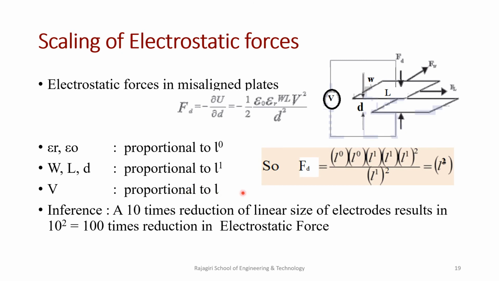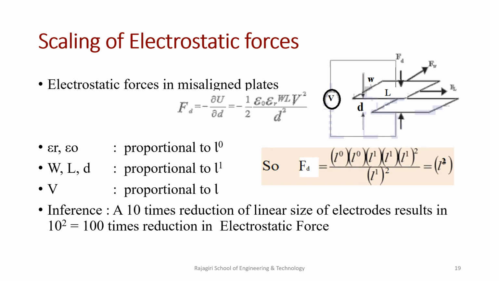So, taking all these parameters into consideration, Fd is obtained as proportional to L raised to 2. So the inference from this is that a 10 times reduction in the linear size of the electrodes results in 100 times reduction of the electrostatic force in the direction of D.